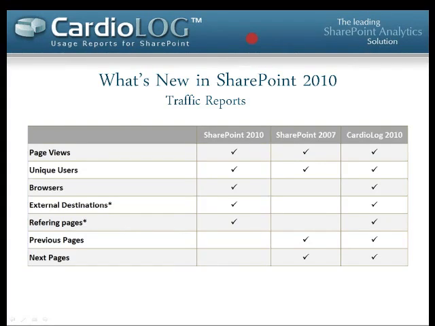The first set of reports is named Traffic Reports and includes the following reports, some of them available already in SharePoint in MOSS, and the new ones are the Browsers Report, the External Destinations Report, meaning where did users go when they leave the portal, and Referring Pages, where did users come from when they arrived at the portal. All of these reports are available with CardioLog 2010.